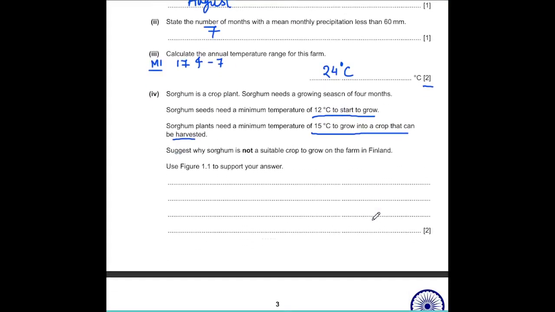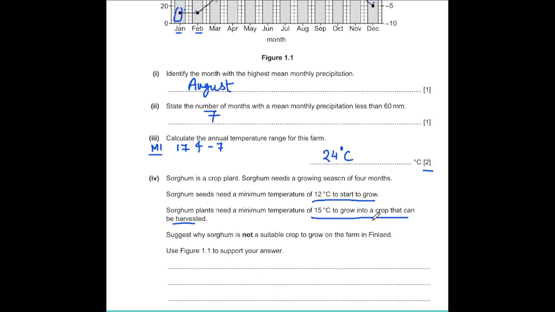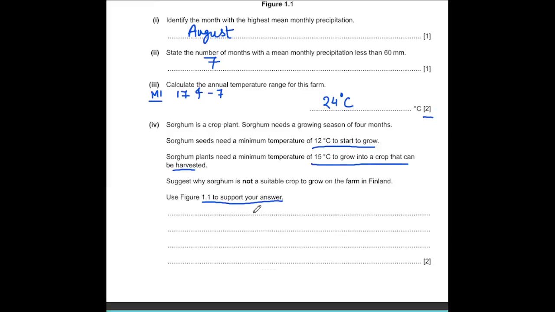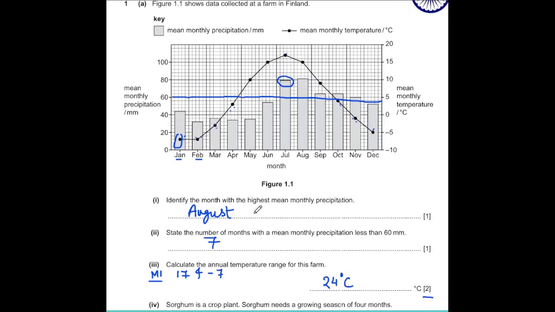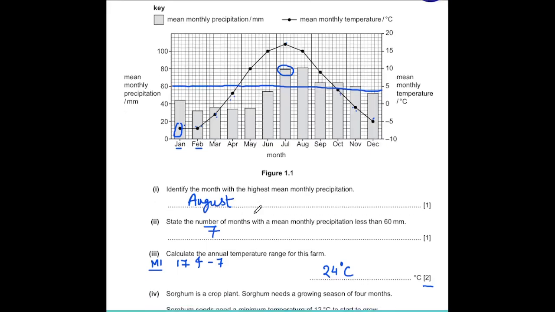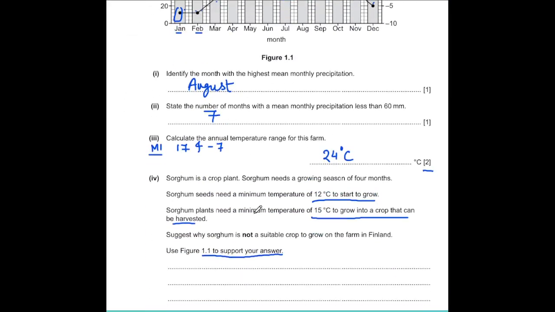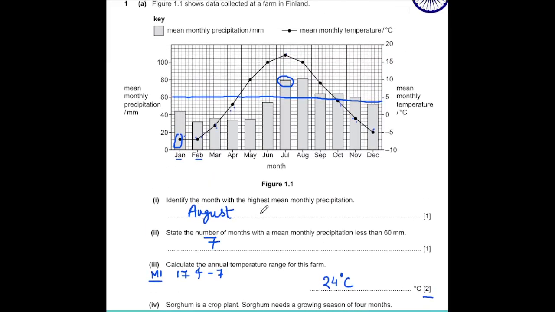So first thing, whatever you are writing, you need to support with the help of the data. So what do we mention here? One point of course we need for this one. Now if we check here, June, July, August, they say that 12 degrees Celsius is the minimum and 15 degrees Celsius. So 12 degrees is the minimum.